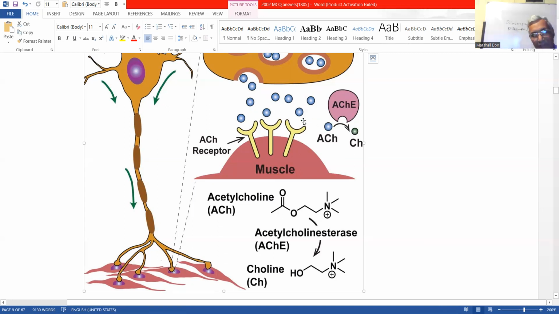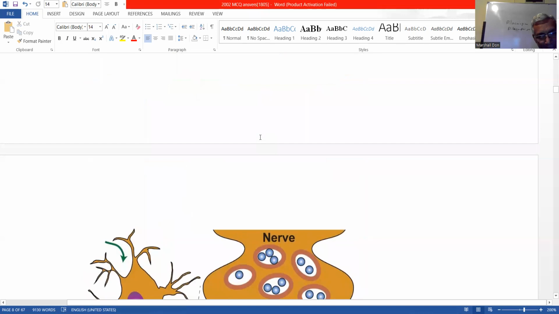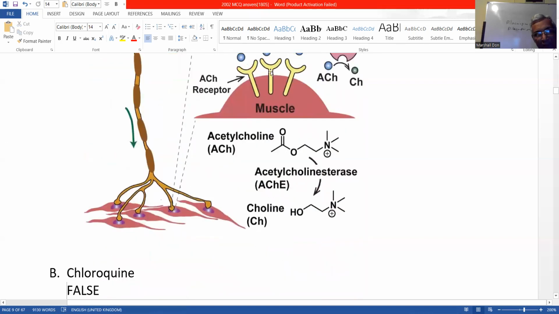So that is the neurotransmission from the acetylcholine receptor. Now pilocarpine acts as acetylcholine. That means if these nerve receptors receive pilocarpine molecules, they act as if they received acetylcholine.